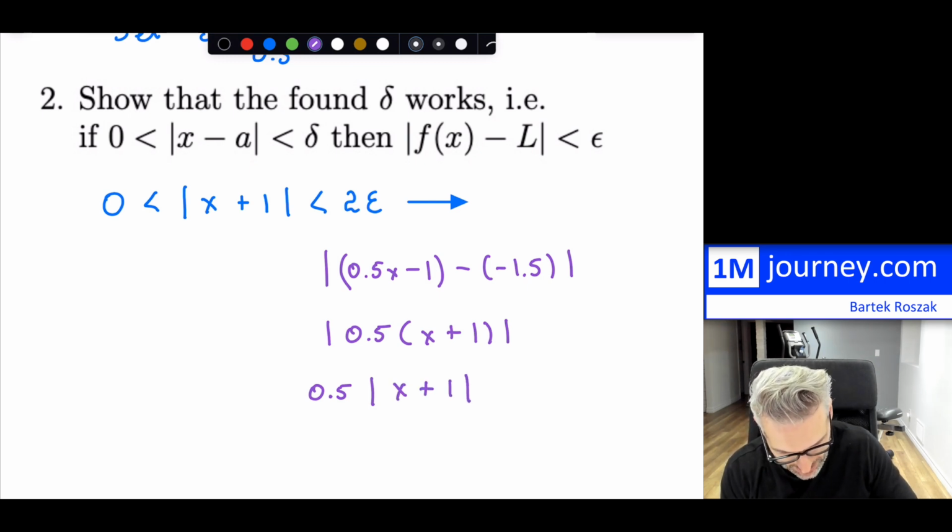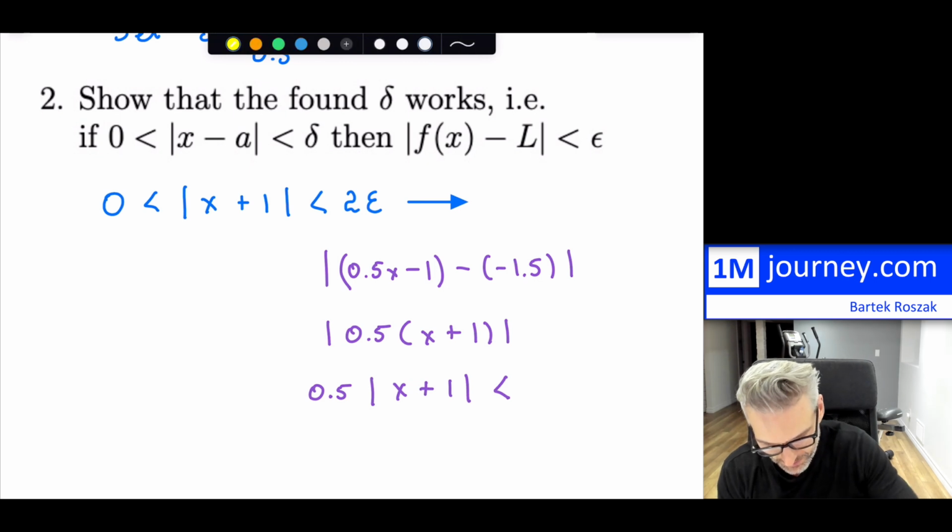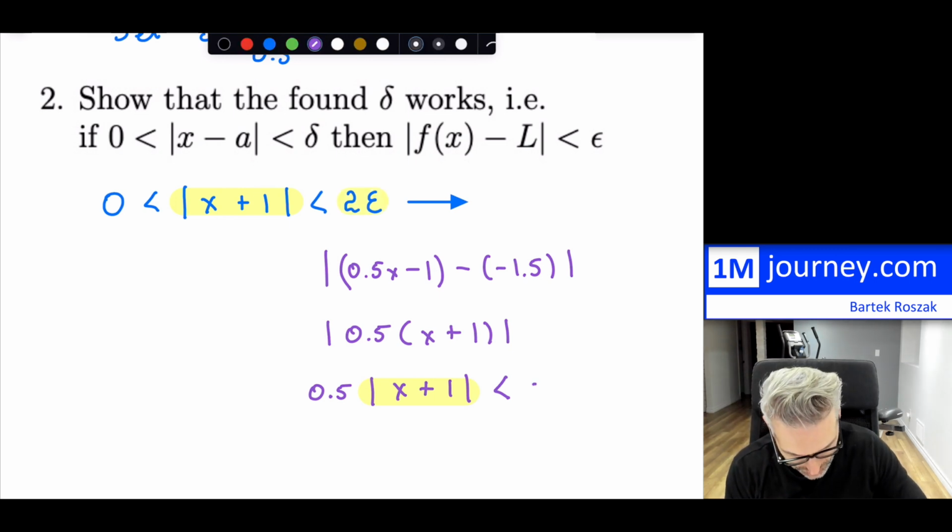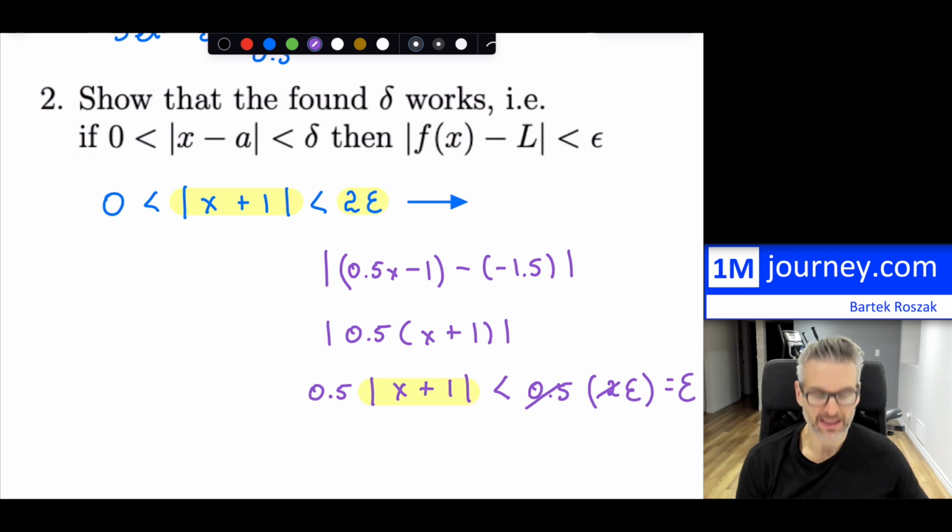And now notice that this is going to be less than, because this right here is less than 2 epsilon. So if you substitute that in, you're going to get 0.5 times 2 epsilon. So 0.5 and the 2 is gone, and that means that it is less than epsilon.